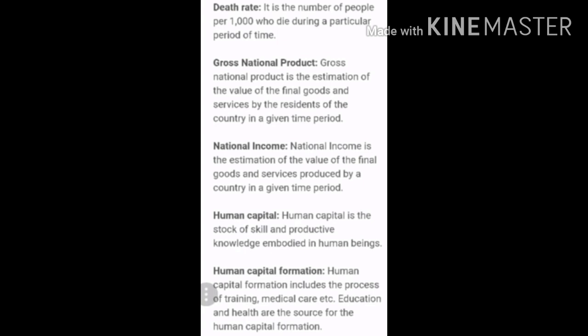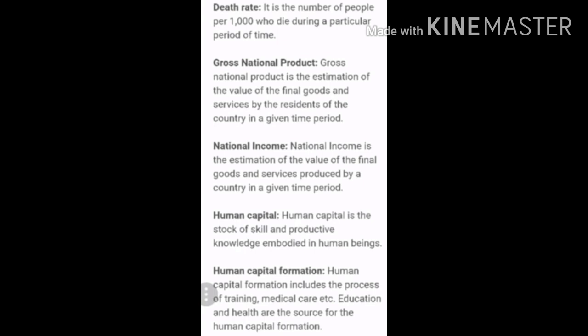And national income, what do we call national income? National income is the estimation of the value of the final goods and services produced by a country in a given time period. So this is known as national income.